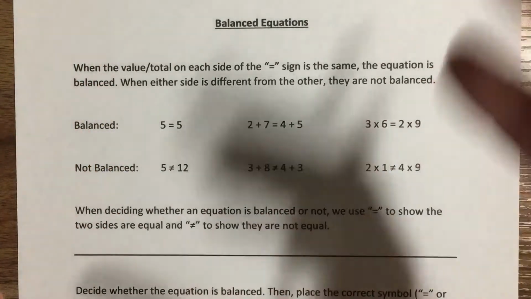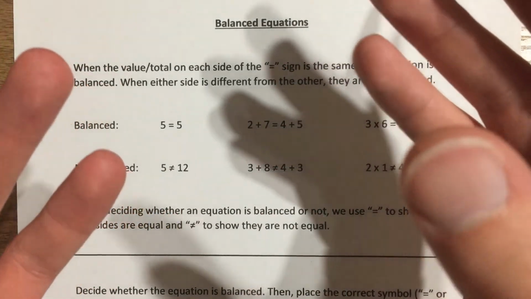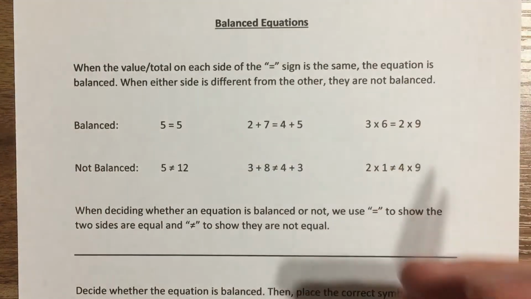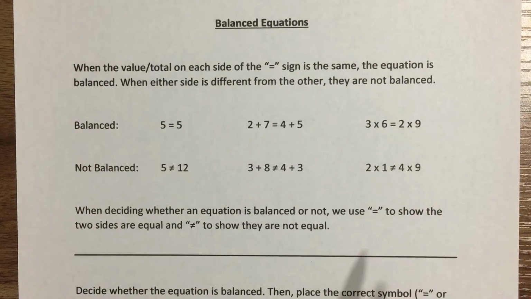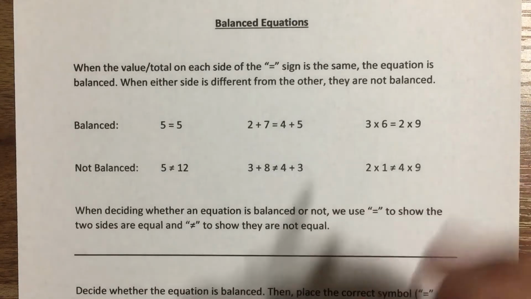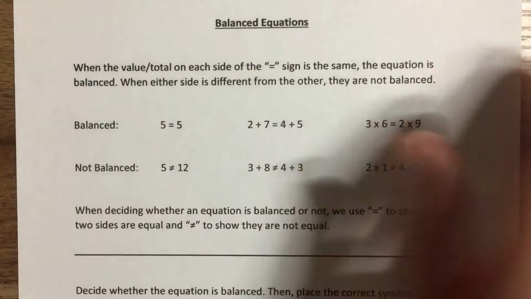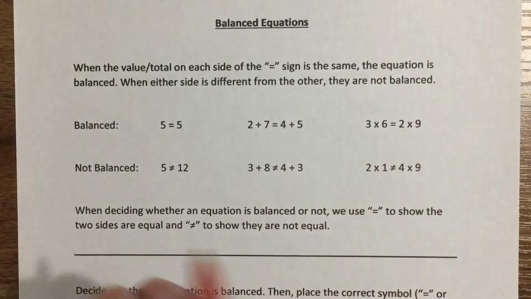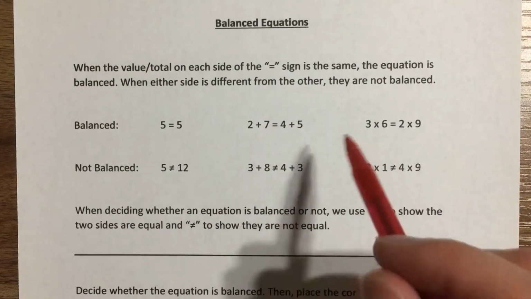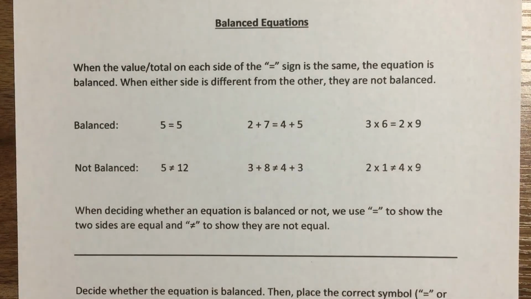If one side is bigger than the other one, the balance beam is going to be tilted down on one side. Try to imagine that in a circus, or out on the playground, or if you've worked with those little balance beams in science in school. If one side's heavier than the other, it's not balanced. It's not even. We want to make sure that it is even. So if it's balanced, you're going to have the same total or value on both sides. When either side is different from the other one, they're not balanced.